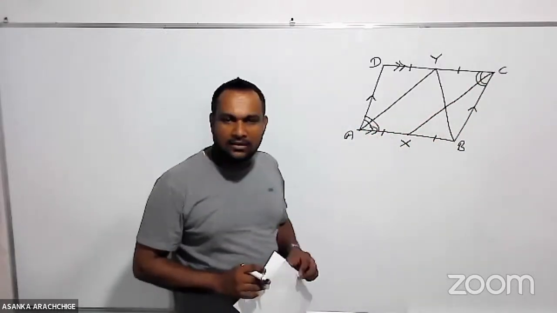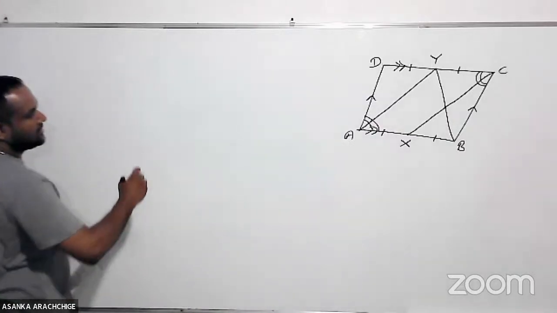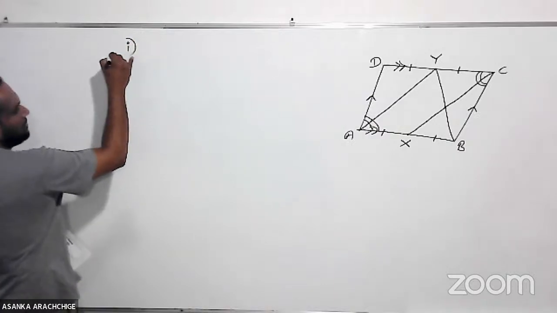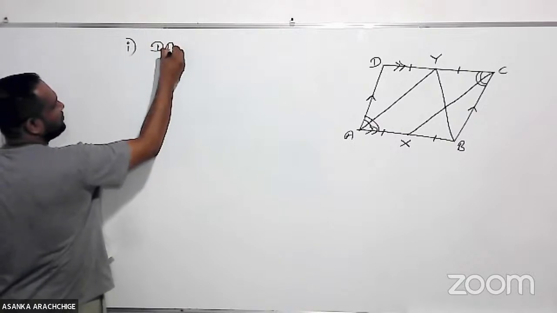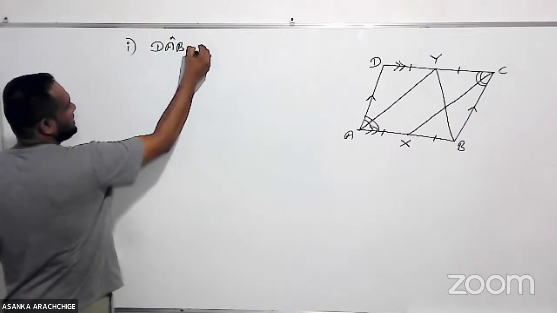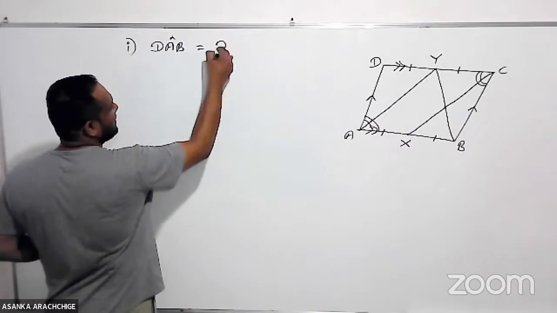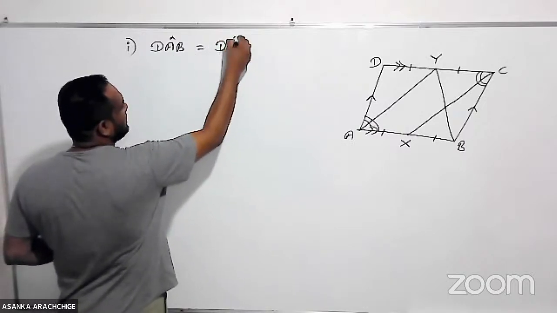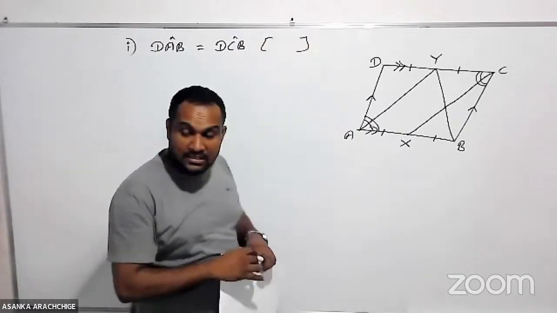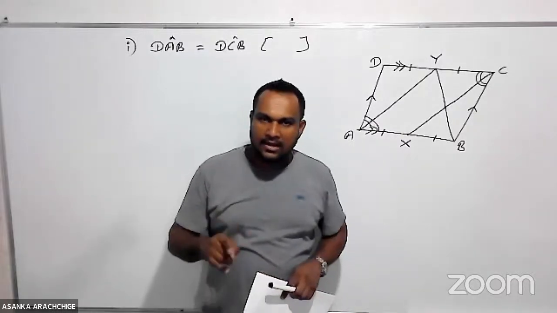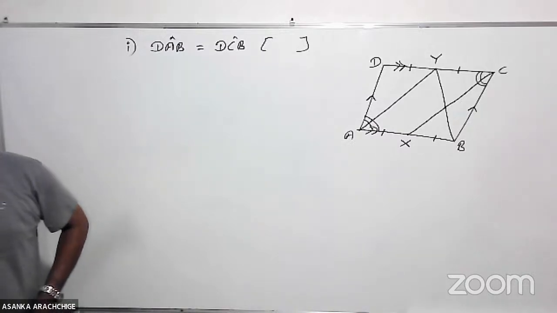Opposite angles in a parallelogram. Write the reason. Number one, angle DAB equals DCB. Reason: opposite angles in a parallelogram.